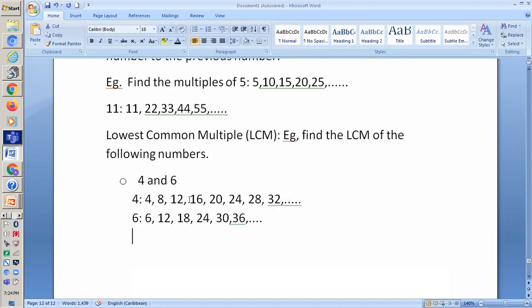And we also have 12. But what does the question say to find? The lowest. So the lowest is 12. All right. So therefore, the LCM is equal to 12.